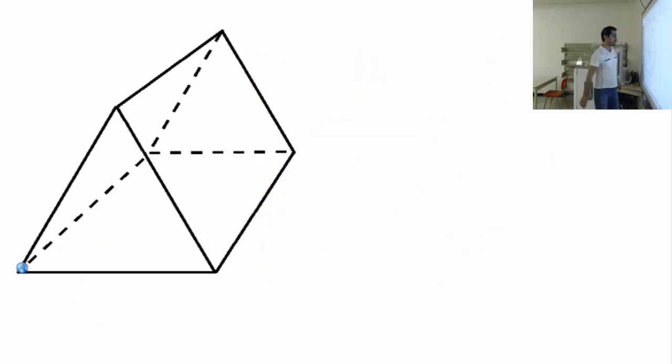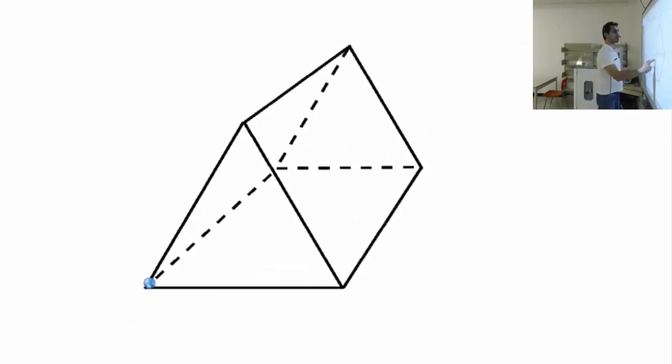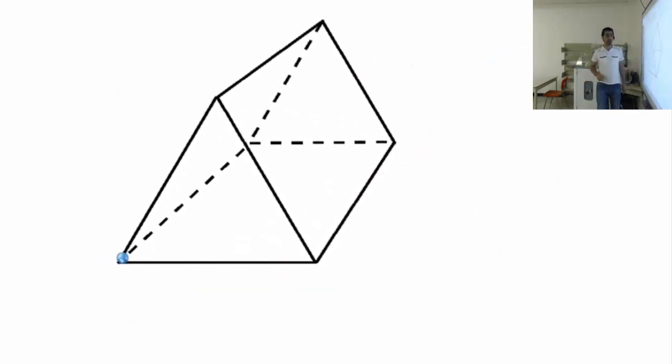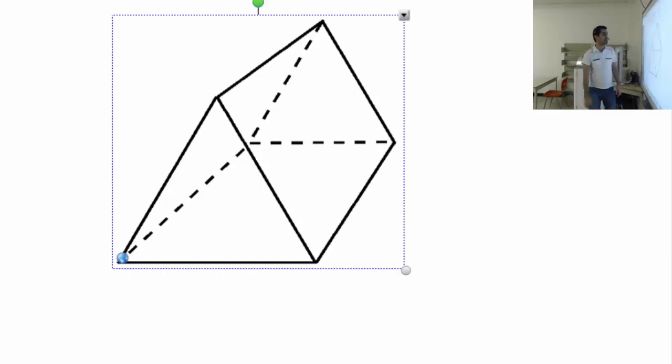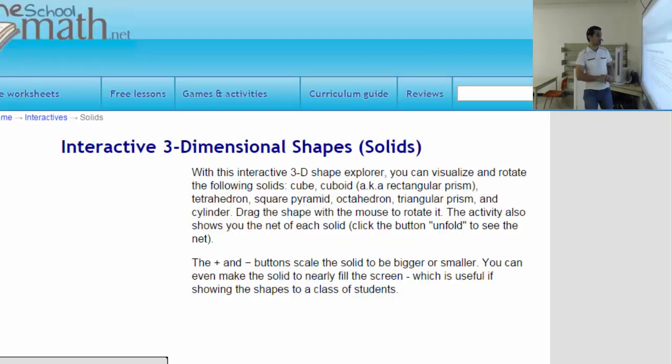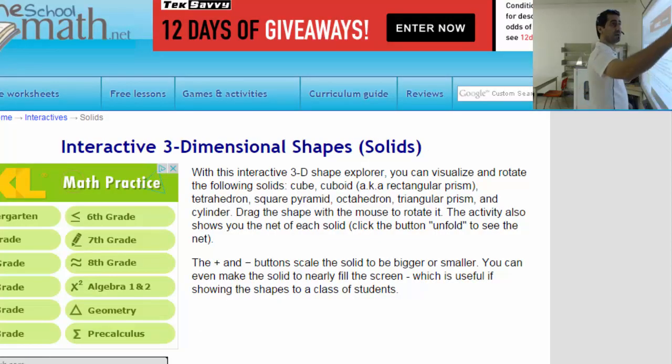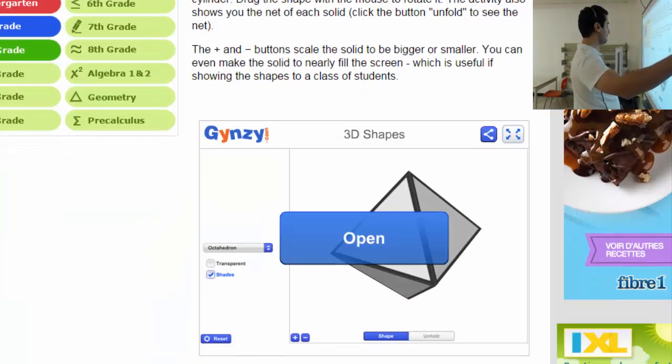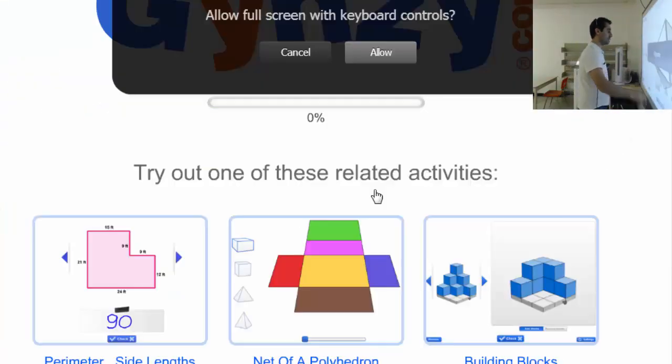So this is a triangle-based polygon. I know in 2D it's difficult to see. There are only very few available tools out there, and we can use the same website that we used yesterday. So this will be about the triangular prism.